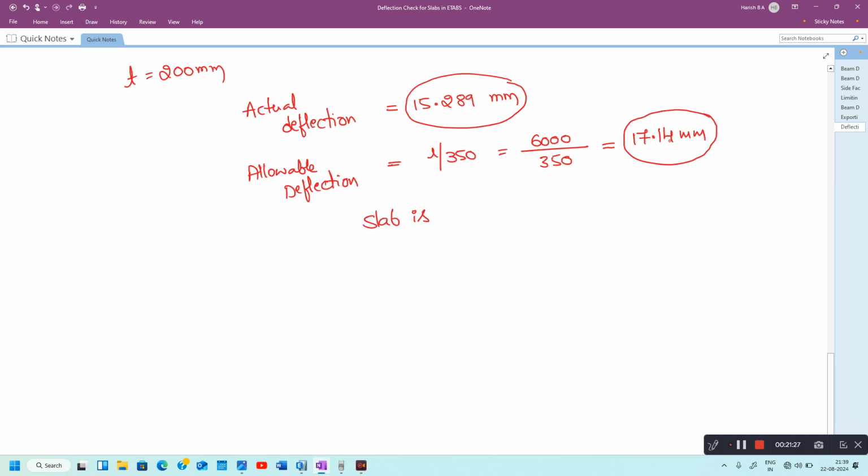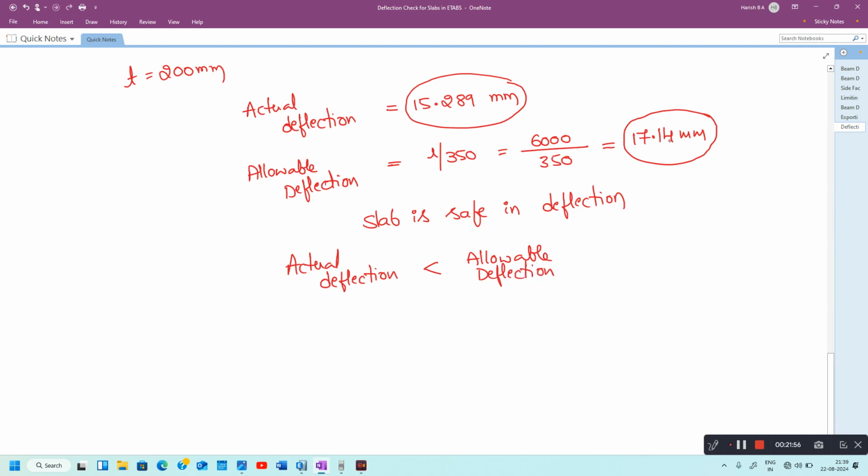Hence the slab is safe in deflection. So what is the condition? Your actual deflection should be less than your allowable deflection.